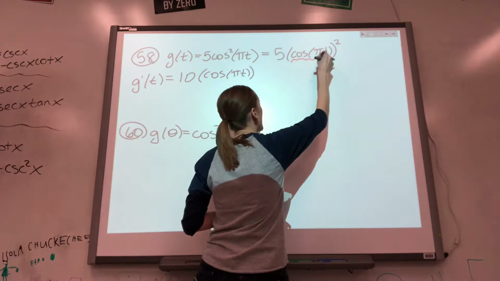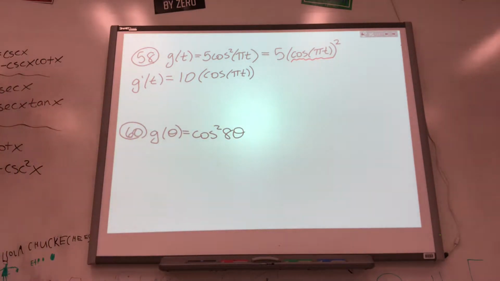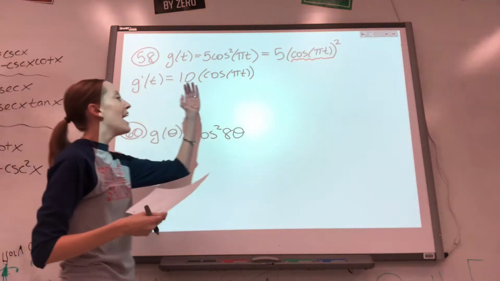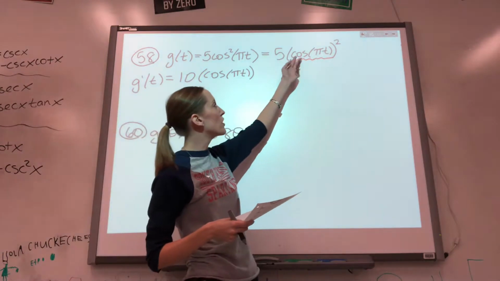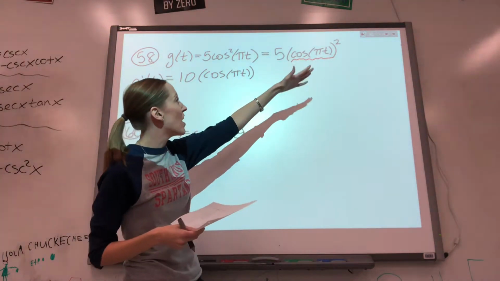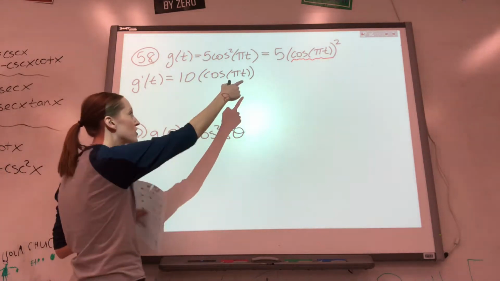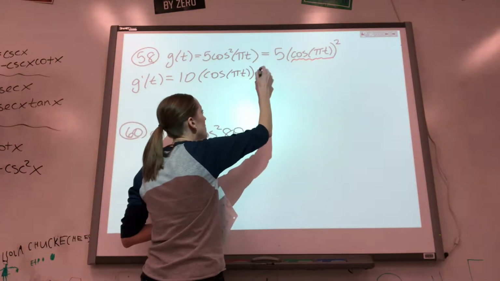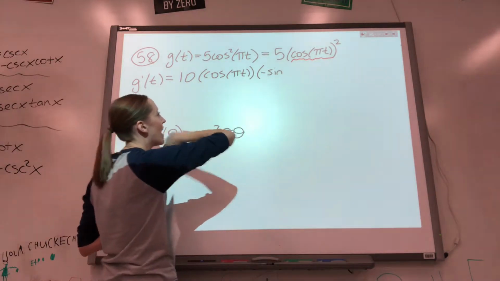But then I have to come back and take the derivative of the part in the parentheses. And at this point, now we're using the chain rule for trig functions. It started out just the normal chain rule, but here it is with trig functions. The derivative of cosine is negative sine.